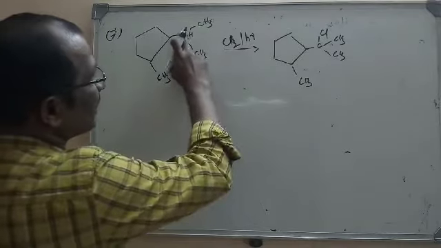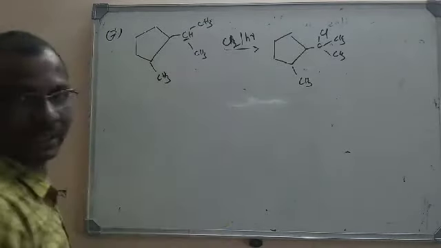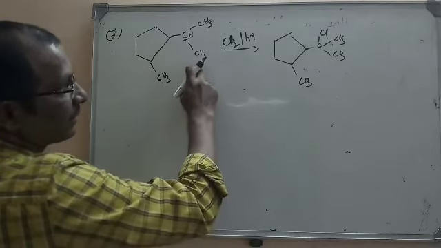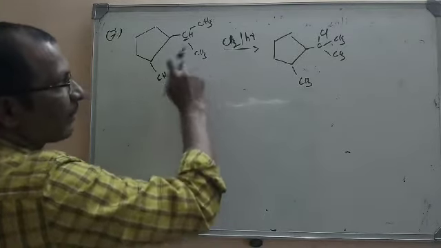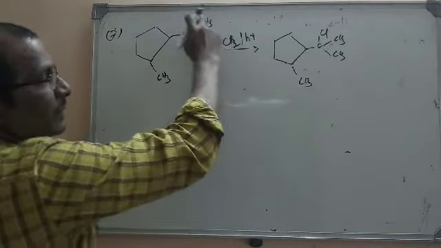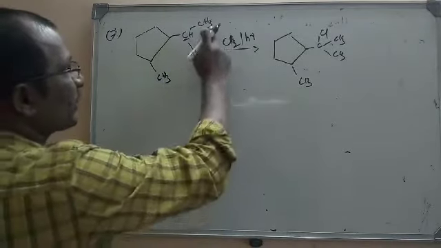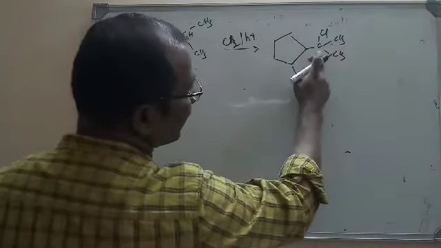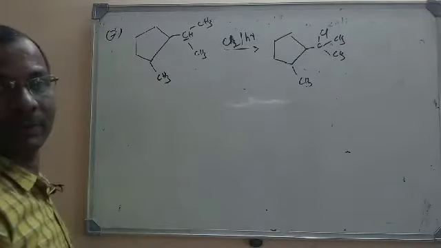This tertiary radical has more hyperconjugation, because this carbon has 3 alpha hydrogens. The substitution can take place in other positions also, but the tertiary carbon radical will be most stable.